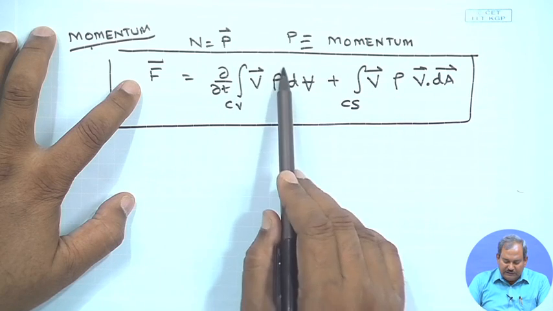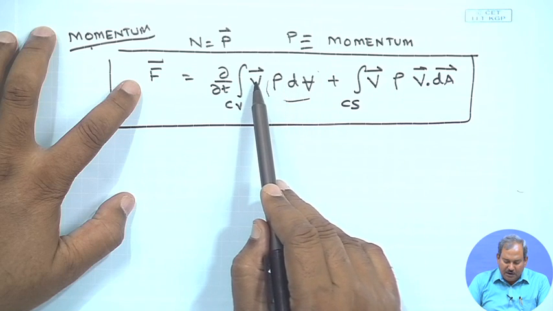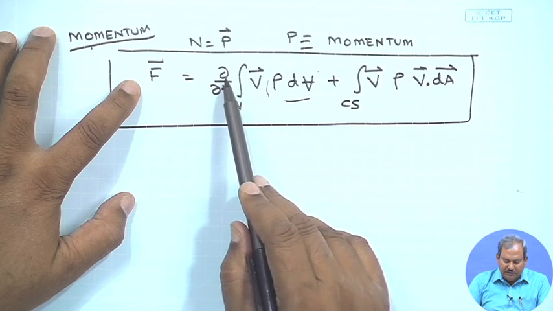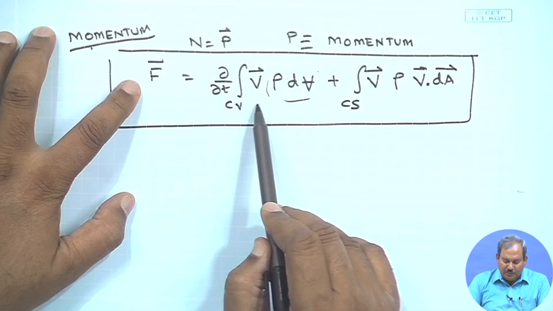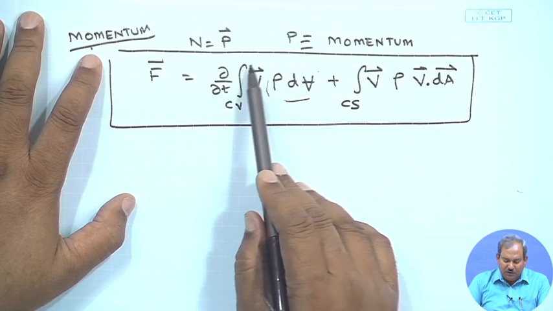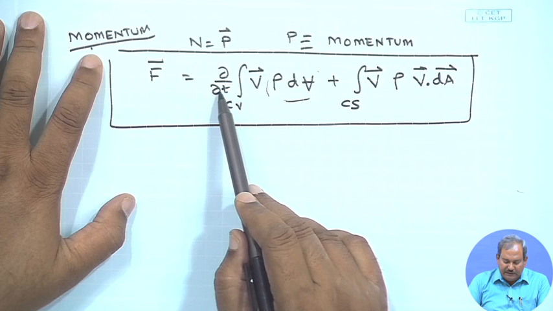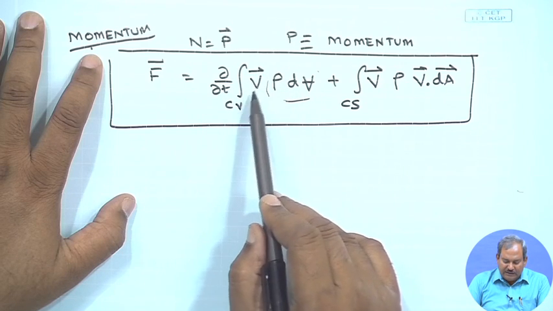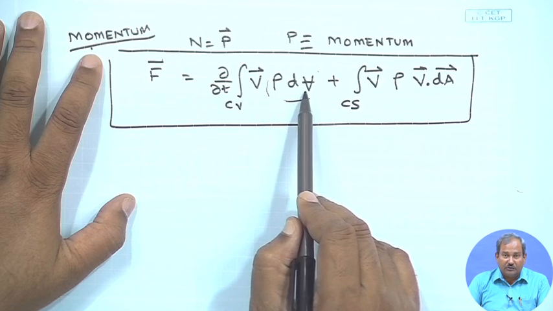So, rho times dv is the mass, and mass times velocity is the momentum. So, del t of that is essentially the momentum accumulation in the control volume. If it is a steady state, then this term would be 0. If it is not, this is the time rate of change of momentum inside the control volume.